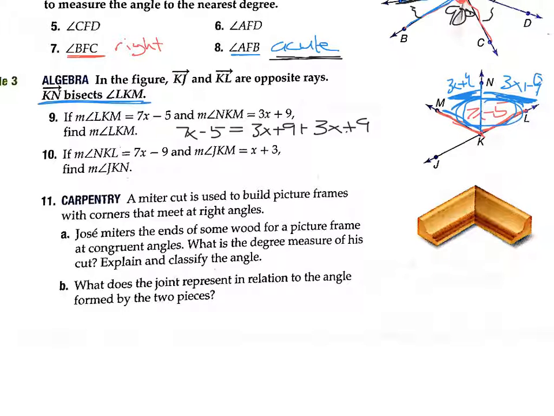So we work the equation out. I'm going to do that real quick here. So that's going to give me 6x. So I have 7x minus 5 equals 6x, add those, plus 18. So I'm going to subtract 6x.